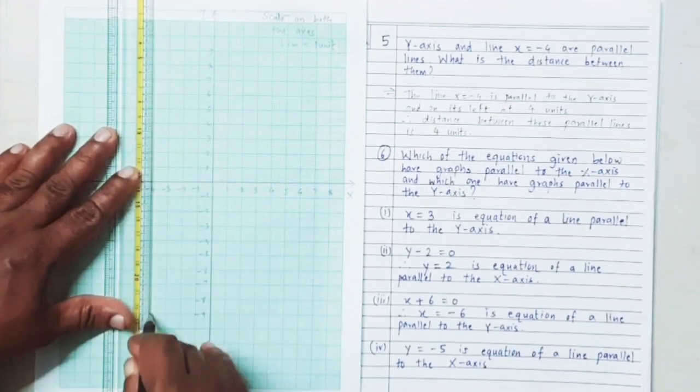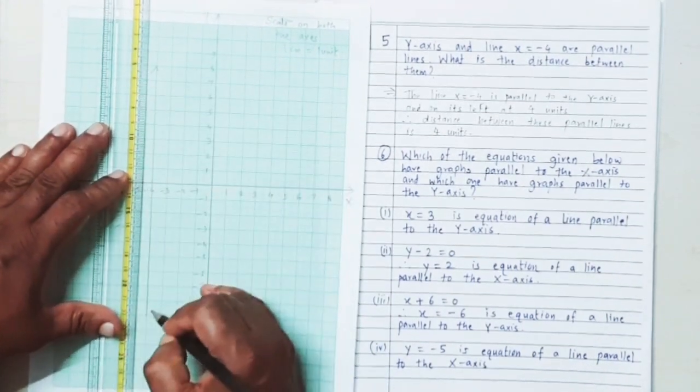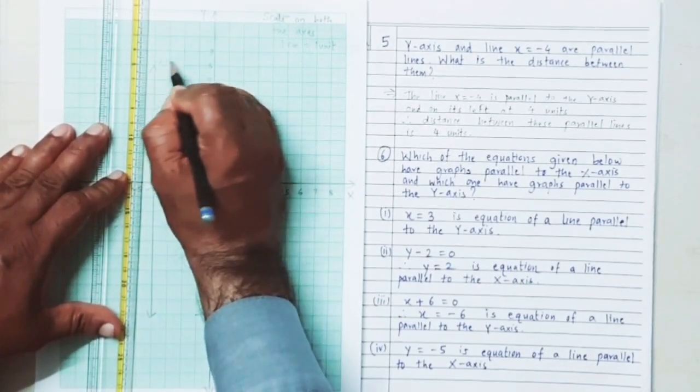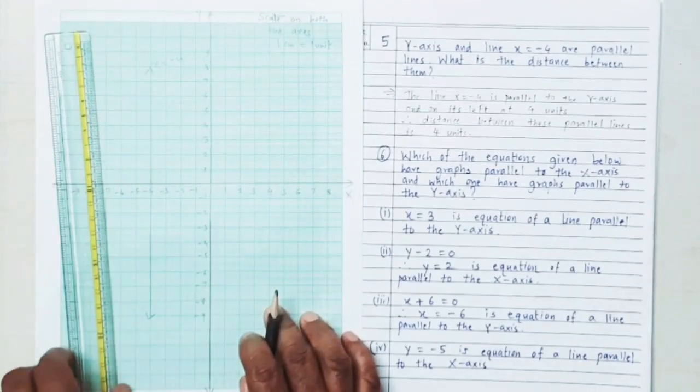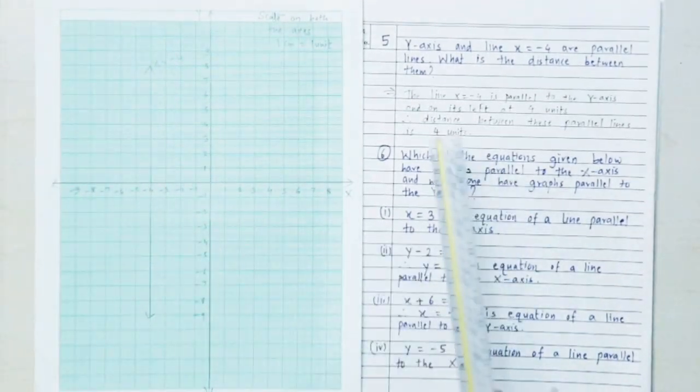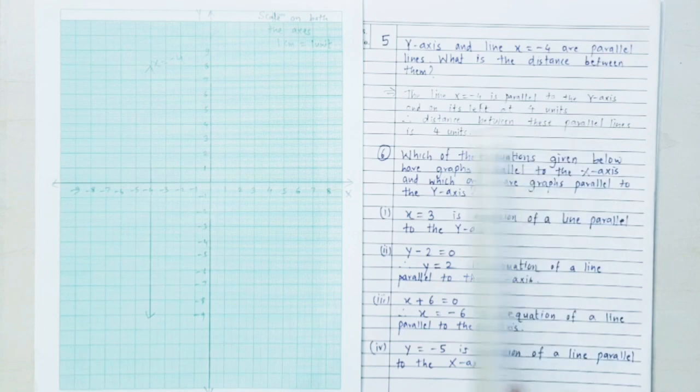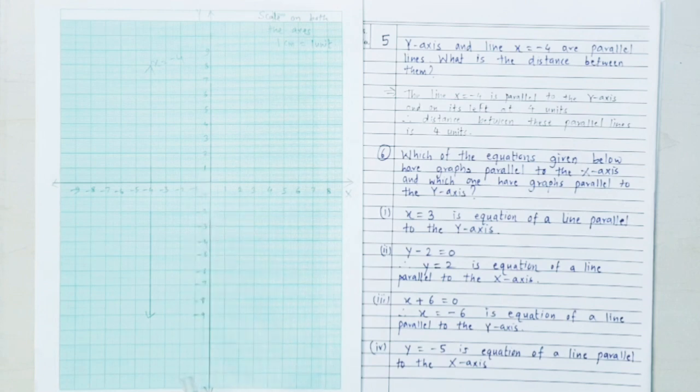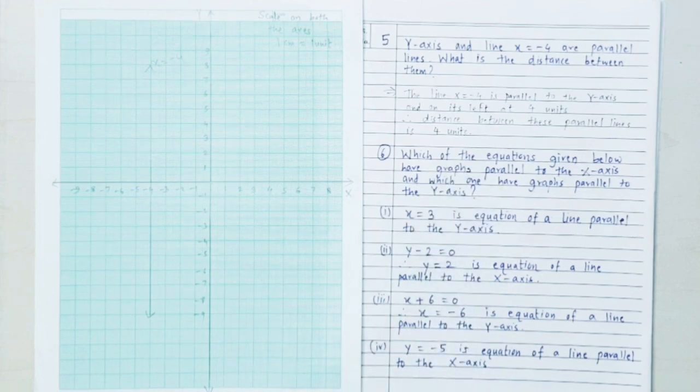The line x is equal to minus 4 is parallel to the y-axis on its left side at a distance of 4 units from the y-axis. Therefore the distance between these parallel lines is 4 units.